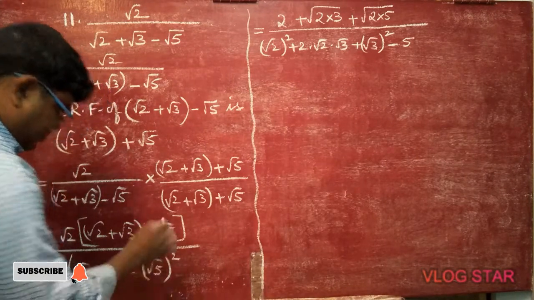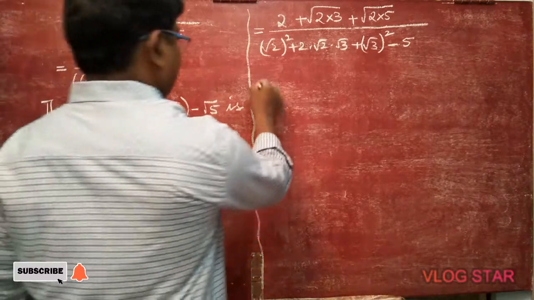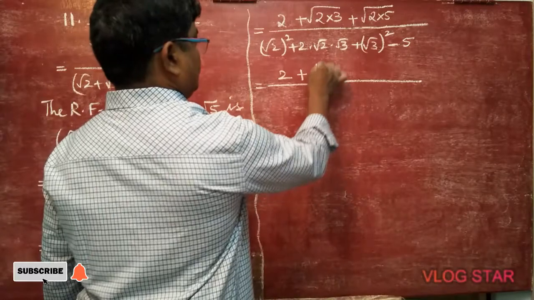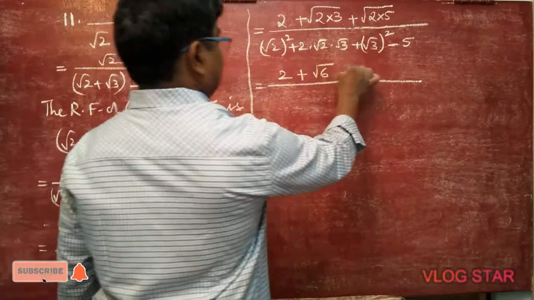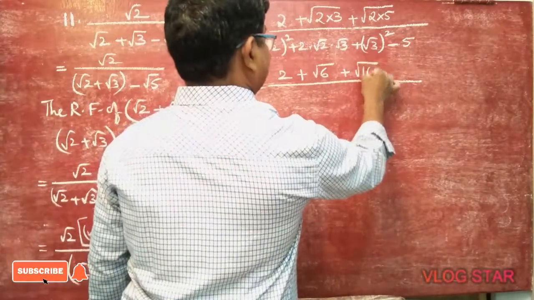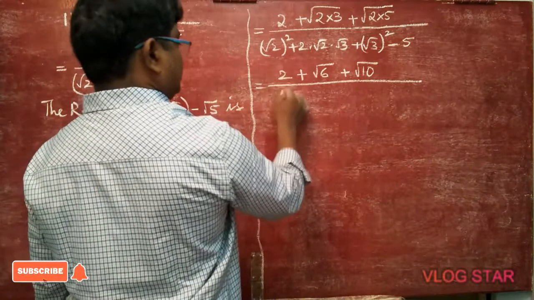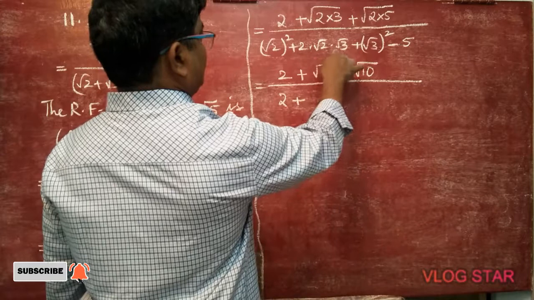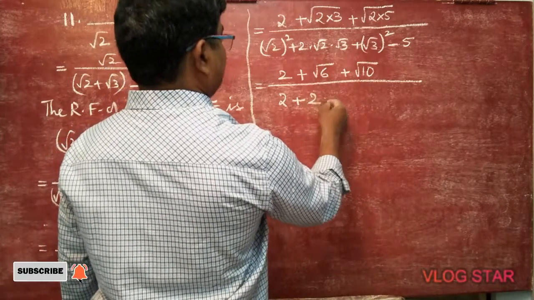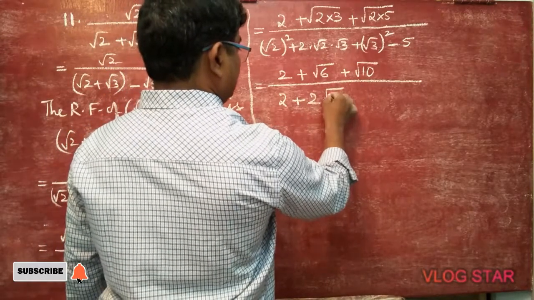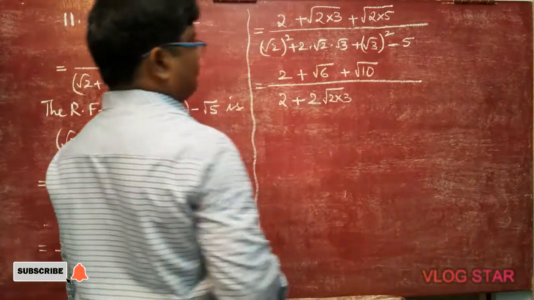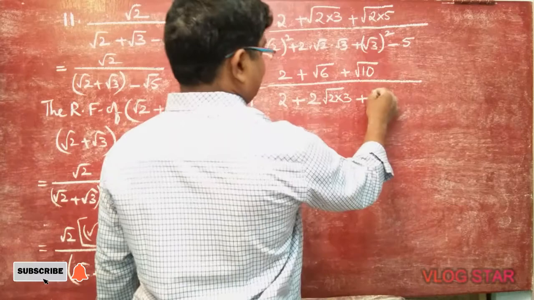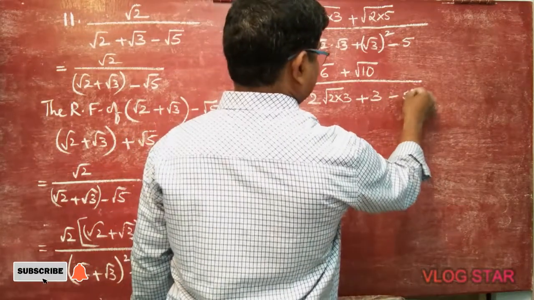The square root. Now that is equal to 2 plus root 6, 2 3s are 6, plus 2 5s are 10. Root 2 into root 2 is 2, plus 2 root 6. I am writing directly; if you want, do one more step. Plus root 3 whole square means 3. This minus 5 as it is.